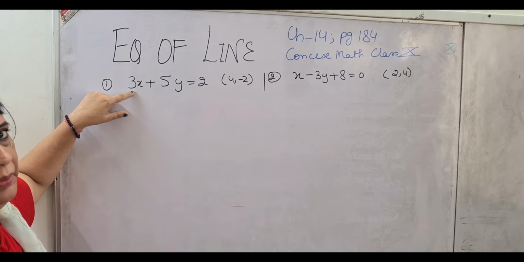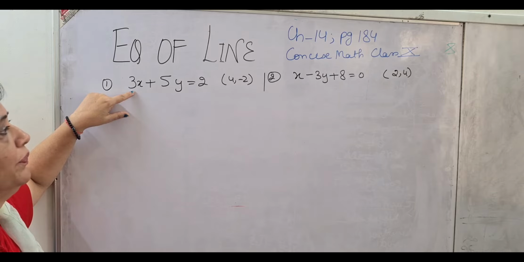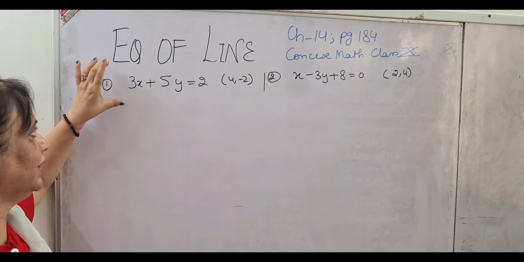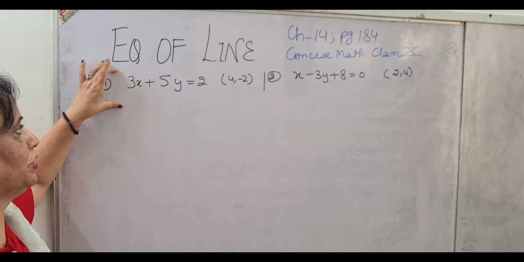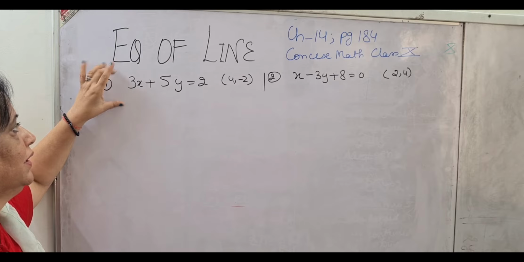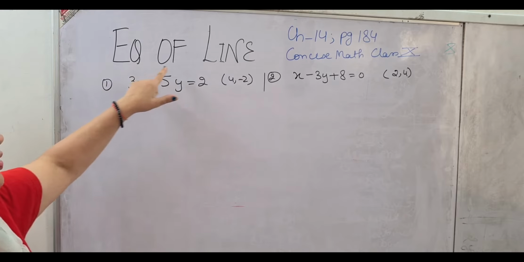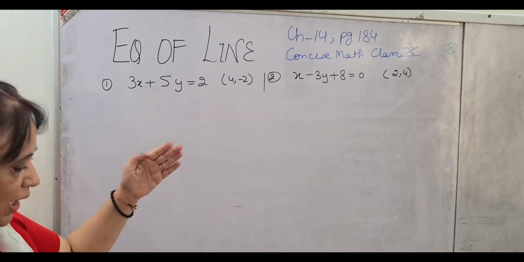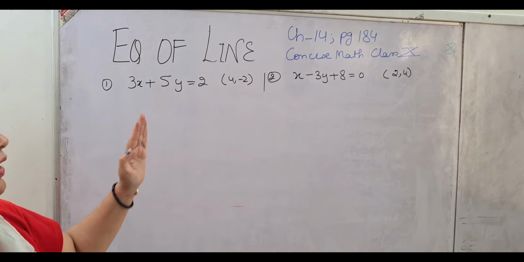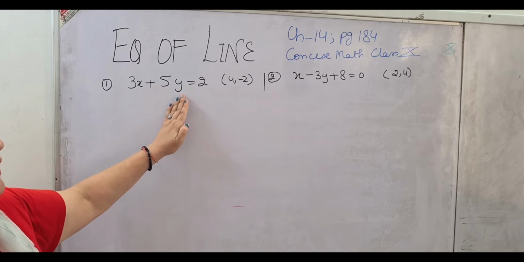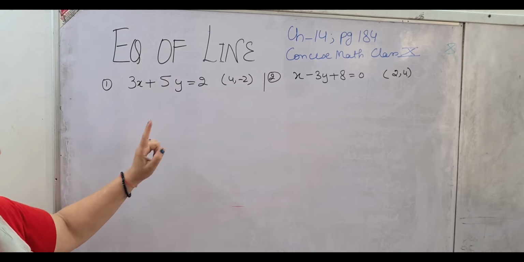Maybe in y, or mostly we do in x and y only. Now, in this chapter equation of line, from now onwards, these linear equations in 2 variables will be termed as equation of line. So now, after this, I am going to refer to these equations as equation of line, first thing.